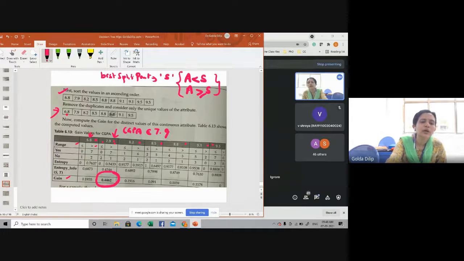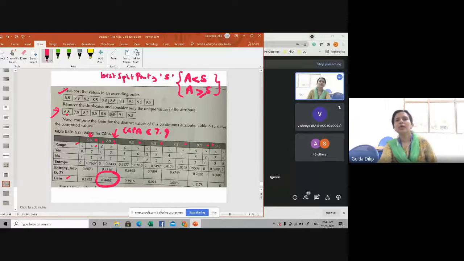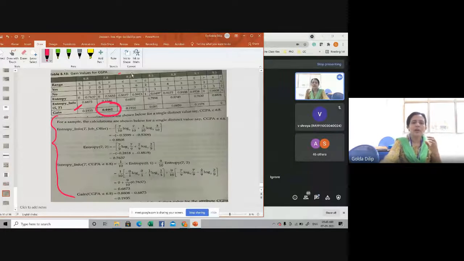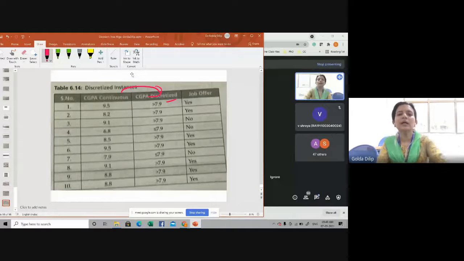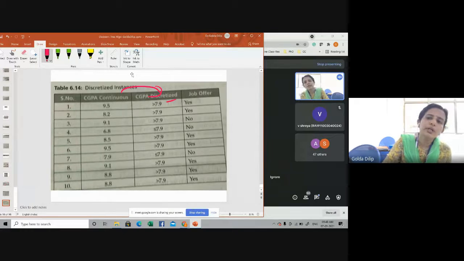Then you compute the gain ratio and see which has the highest gain ratio, and that value is selected for discretizing. So now we have split our entire CGPA column into two: less than or equal to 7.9 and greater than 7.9. That's all for today.